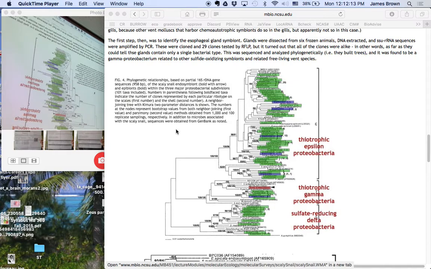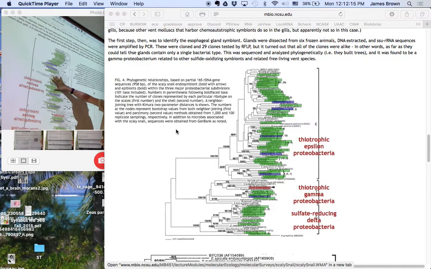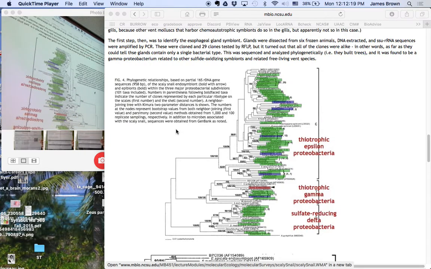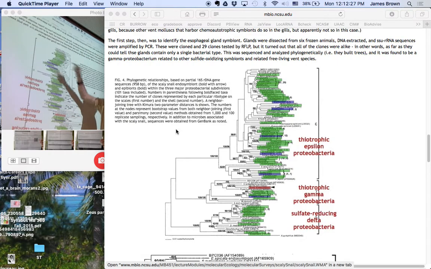And so you've got some gamma proteobacteria, a bunch of epsilons, and that's about it for the shell. There's no evidence that anything unusual is happening on those shells. If you look at this population and look at its diversity and the community structure, it's the same as any other solid surface in this environment. These are just organisms that are colonizing the solid surface more or less non-specifically. There's no evidence that there's anything special about the shell biofilm.